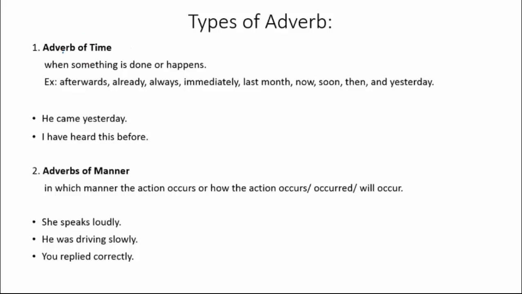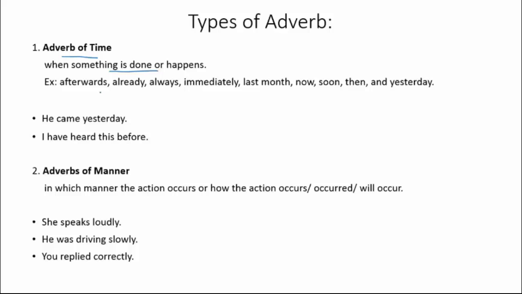First is the adverb of time. Adverb of time tells us when something is done or happens. We use it at the beginning or end of the sentence. We use an adverb of time as a form of emphasis when we place it in the beginning, or we use it at the end as well.